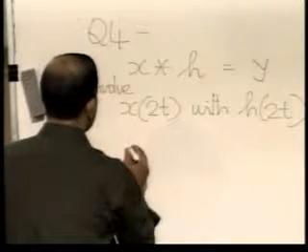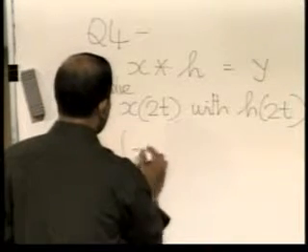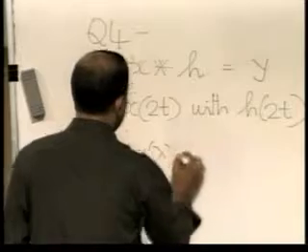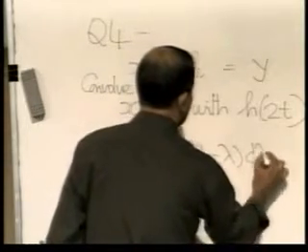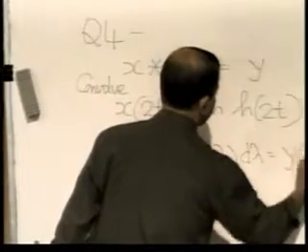It is very clear that integral x(lambda) h(t minus lambda) d lambda is equal to y(t).